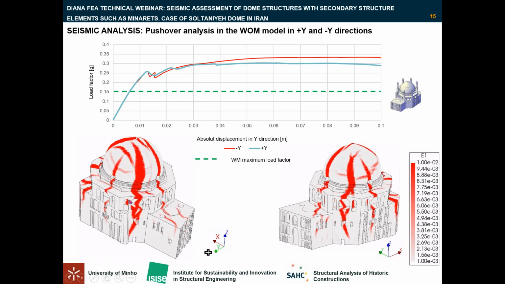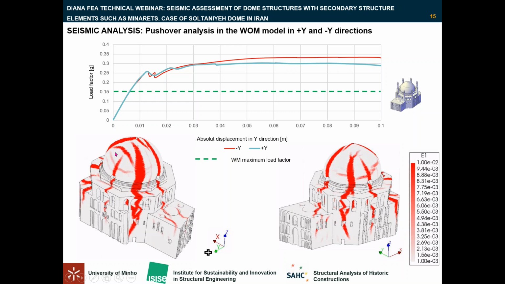These diagonal cracks develop in clusters, as you can see, and become more severe in the corners of the dome hull. We can see in the corner the damage is more severe.